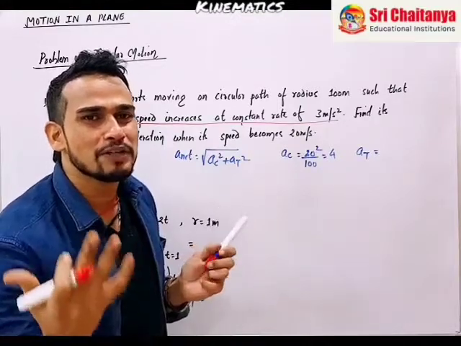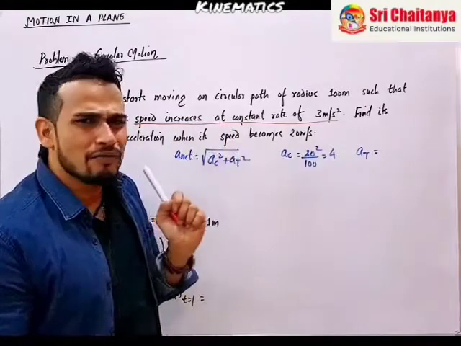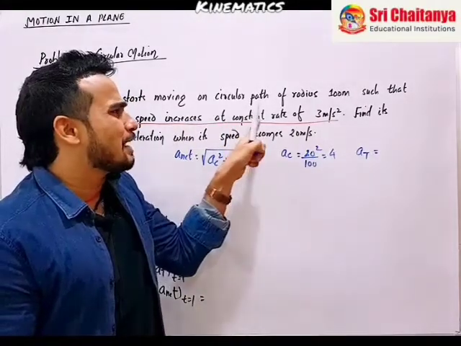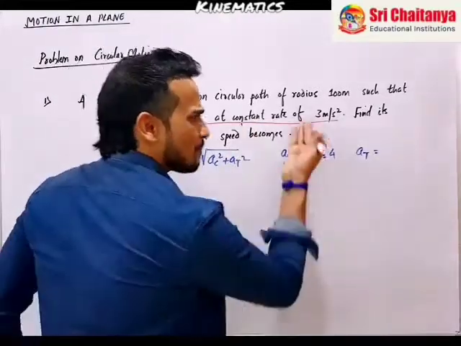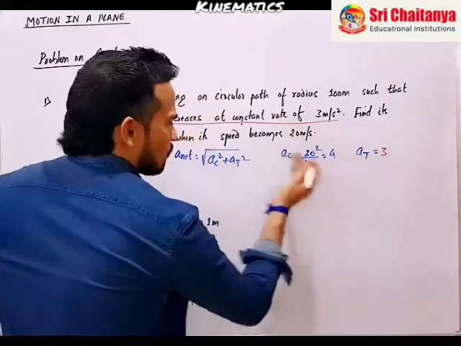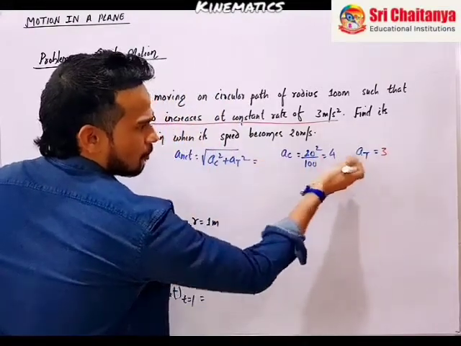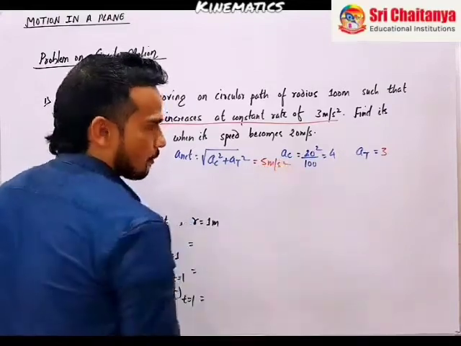AT is responsible for change in magnitude. That means speed increases at a rate of, that means this is the rate at which speed changes. Who changes speed? Tangential acceleration. That means AT is also given to you directly, 3. You can put here, you will get net under root of 4 square plus 3 square, that will give you 5 meter per second square.